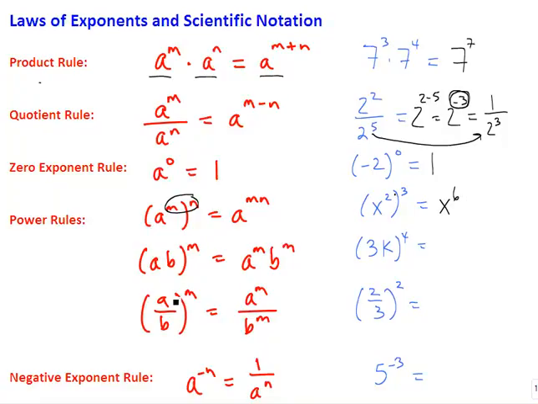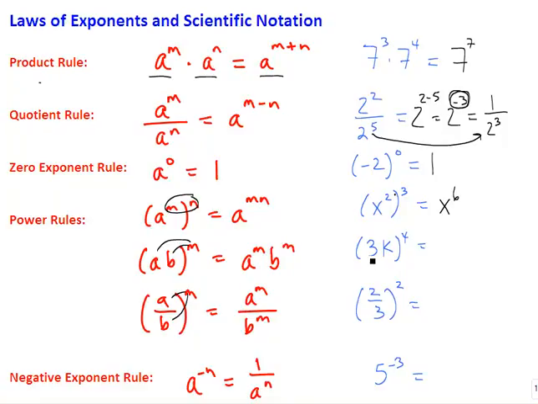In the next two power rules here, I also have parentheses, but this time what I'm going to be doing is sort of distributing that power across to every term that I see. So if I have a times b raised to the m, I can distribute that power of m to both the a and the b and get a to the m, b to the m. And the same is true for division. If I have a over b raised to the m, I can take a to the m over b to the m.